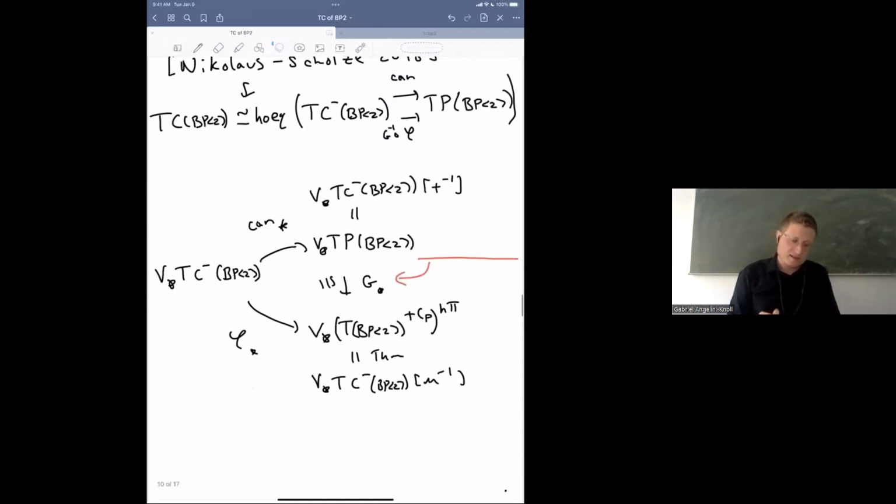And what happens here is that we have a canonical map, and then there's an isomorphism that we call G. In the previously known cases, this was computed to be an isomorphism directly. And now we know that this is an isomorphism as a consequence of the Tate orbit lemma by Nicolaus and Schulze. But I just want to point out that this is an interesting isomorphism.